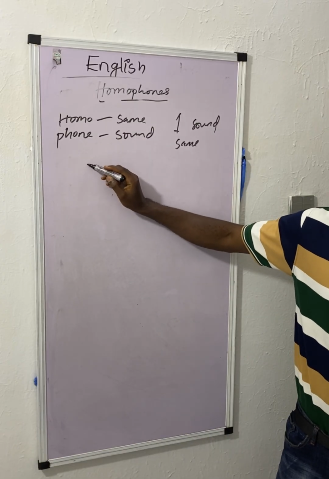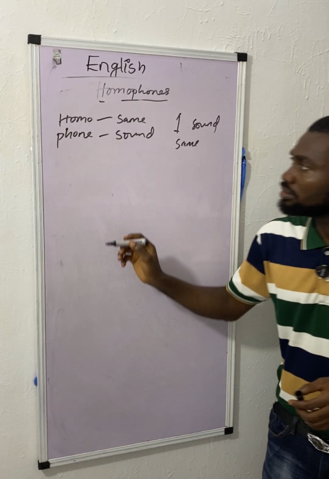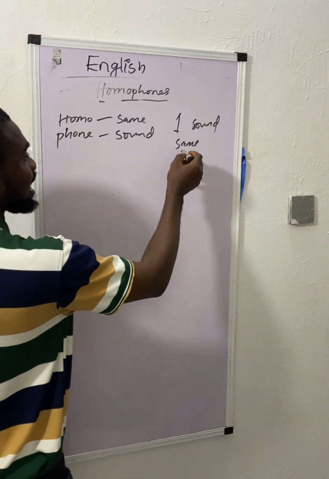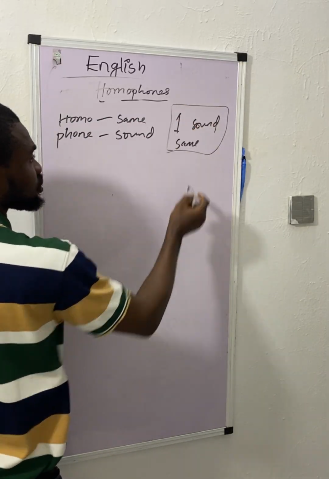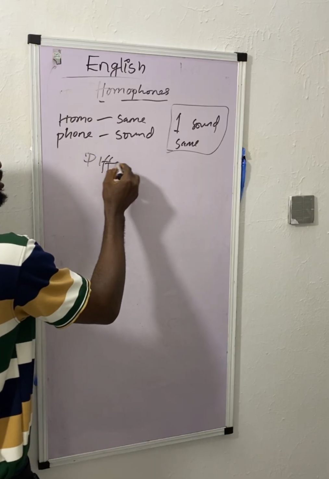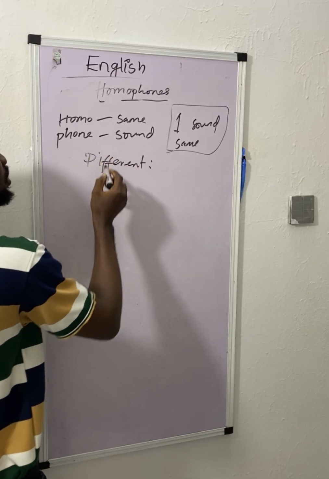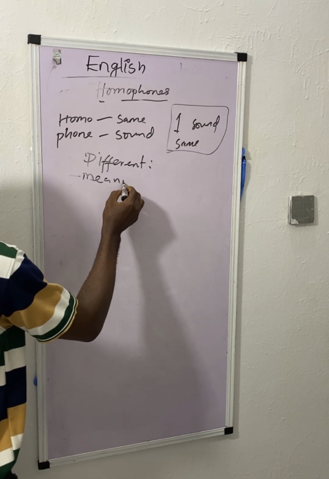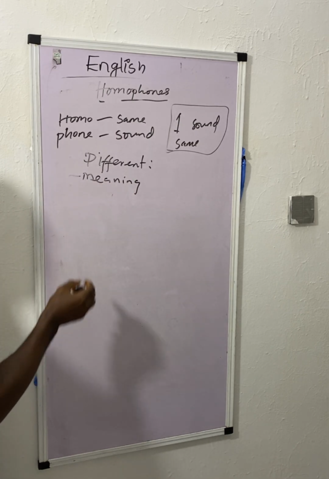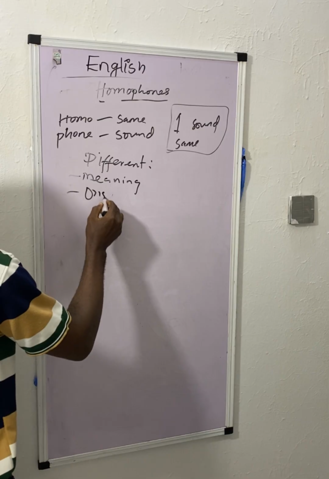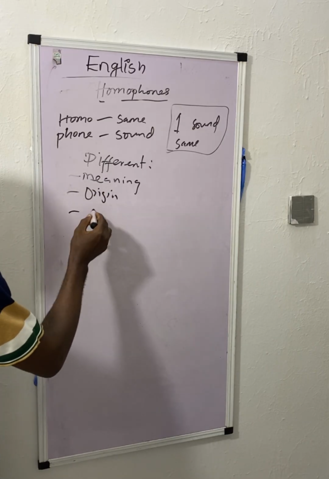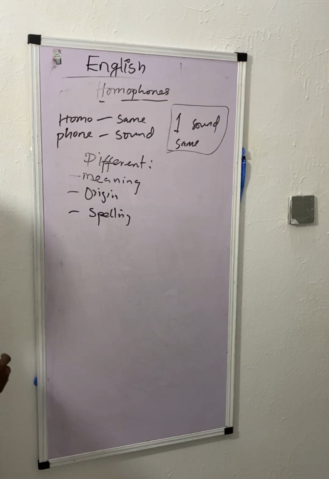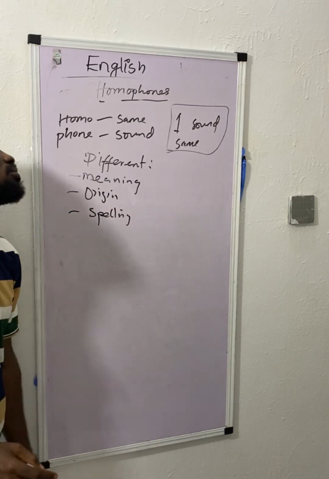If you have two words, they have the same pronunciation, the same sound, but different in contrast. The meaning is different, the origin is also different, and the spelling is also different, but same sound.